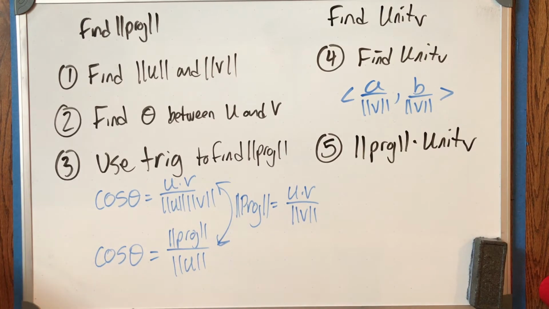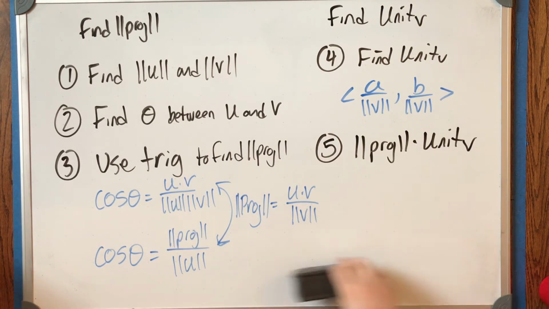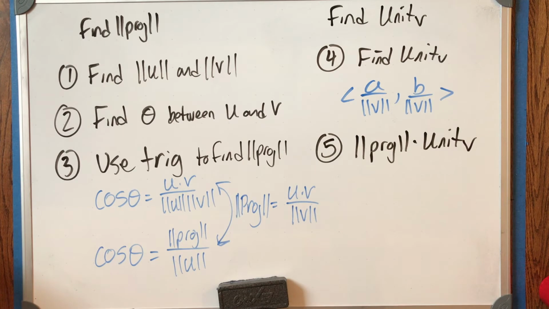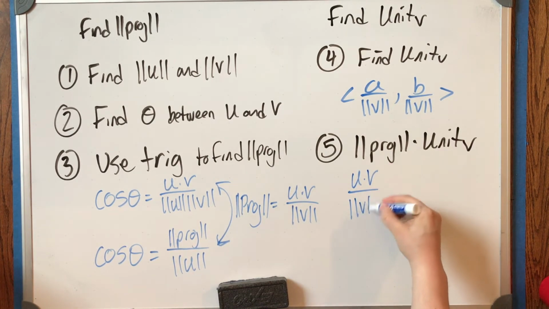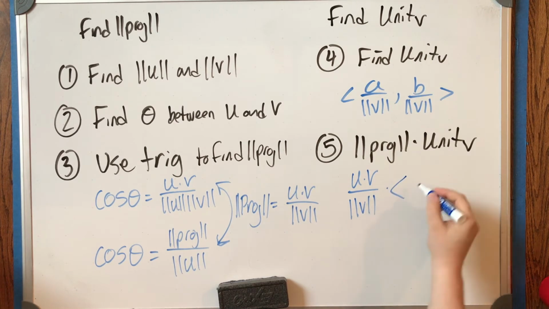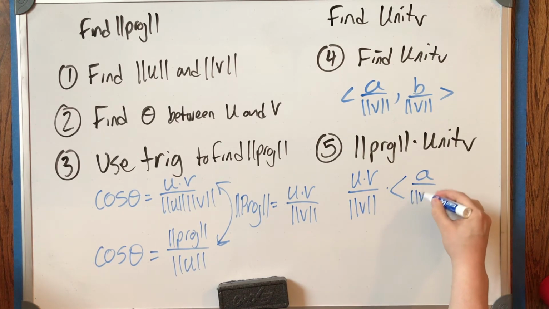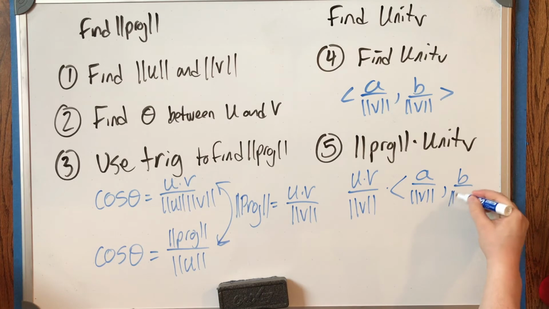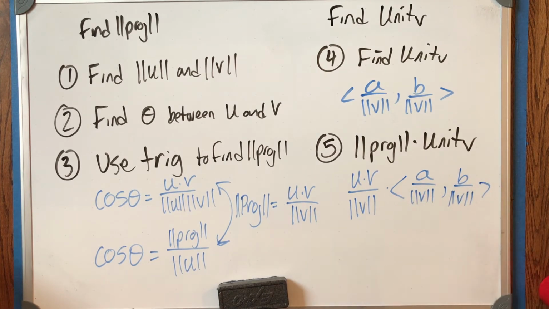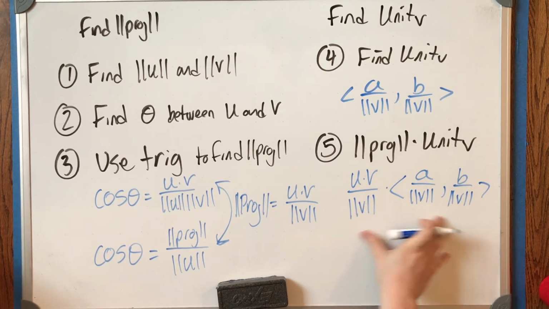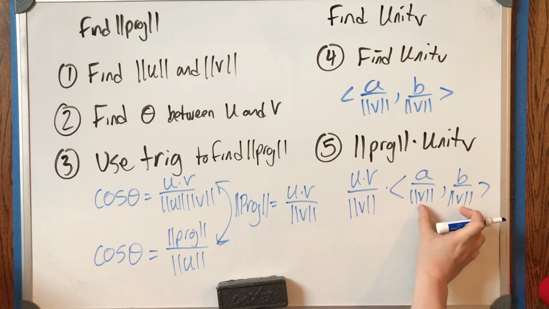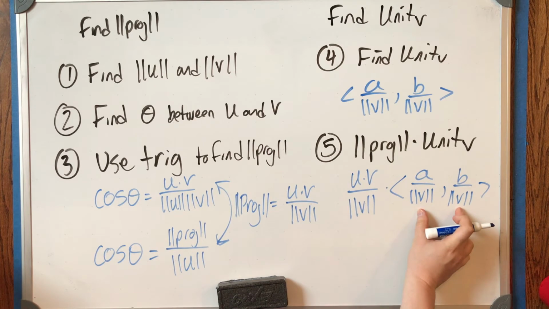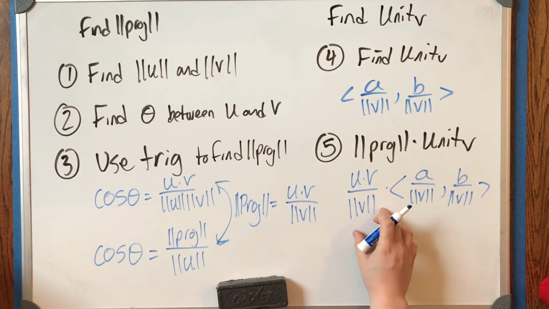Doing that in these formulas, the length of the projection is this dot product over the magnitude of v, and then we're multiplying that by a over the magnitude of v, comma, b over the magnitude of v, the unit vector. To make this formula a little nicer to work with, I'm going to factor out this on the bottom, so I'll end up having the magnitude of v squared.